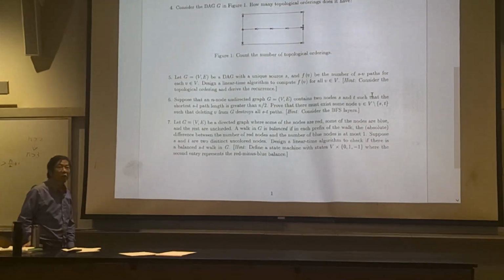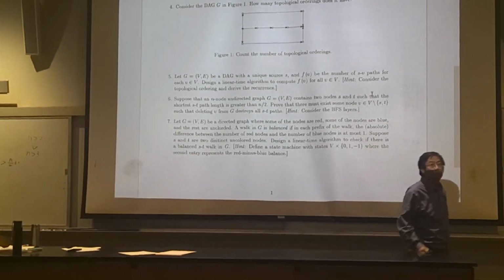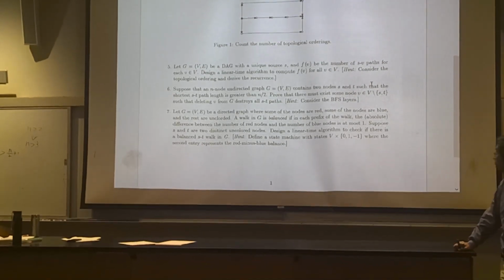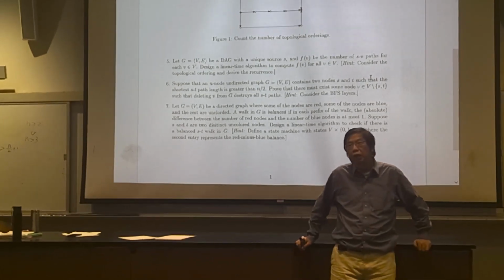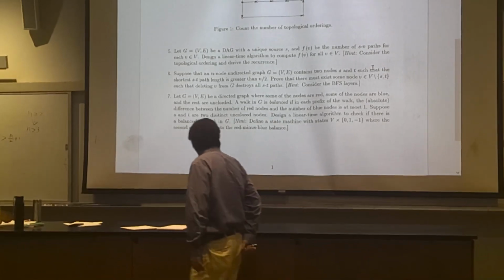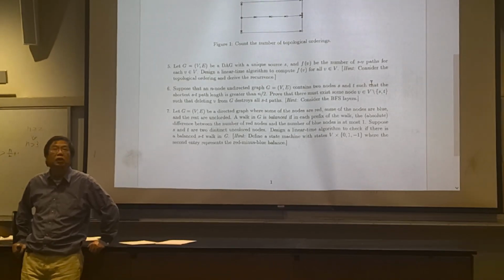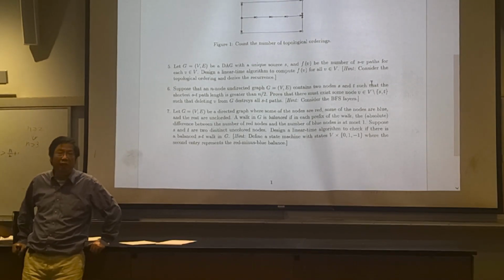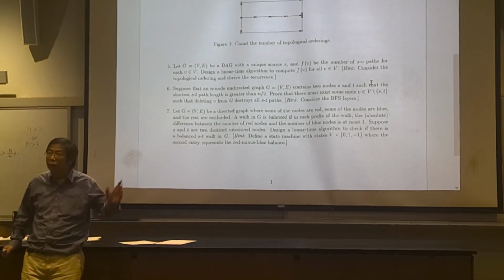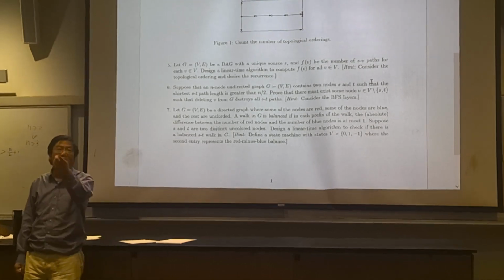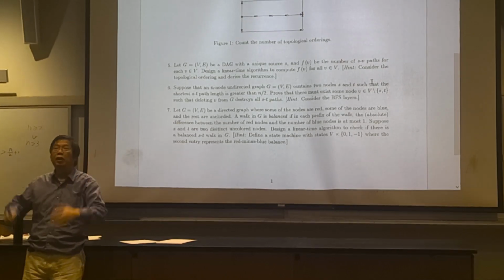The last part is about the construction of the state transition state machine. Here we have a directed graph, and some nodes are colored red, some are blue, some are uncolored. And a balanced walk is like balanced parentheses, right?